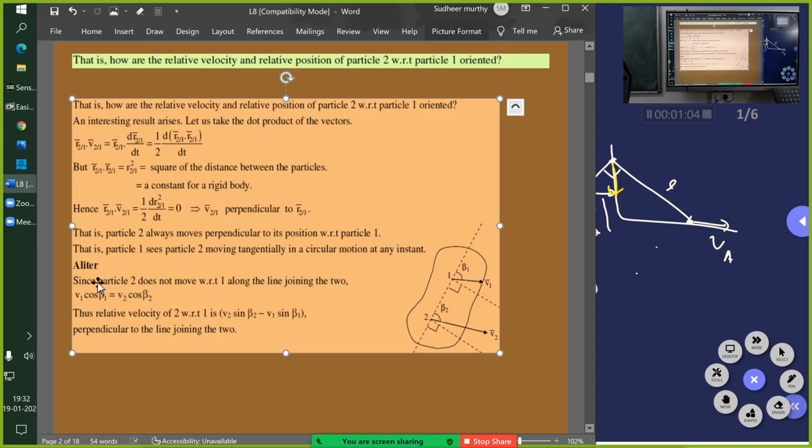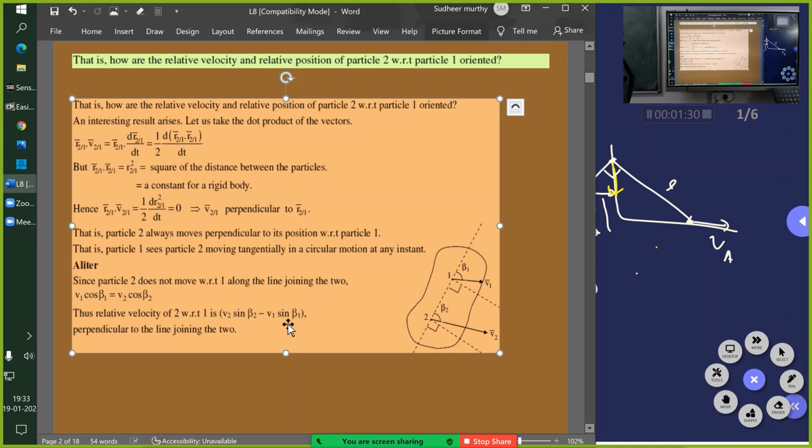Clear? The other way to put it is, since particle 2 does not move with respect to particle 1, V1 cos beta 1 is equal to V2 cos beta 2. That is the component of this velocity vector along this line. So the relative velocity of these two components will be 0. I have taken beta here, therefore it is V1 sin beta 2.